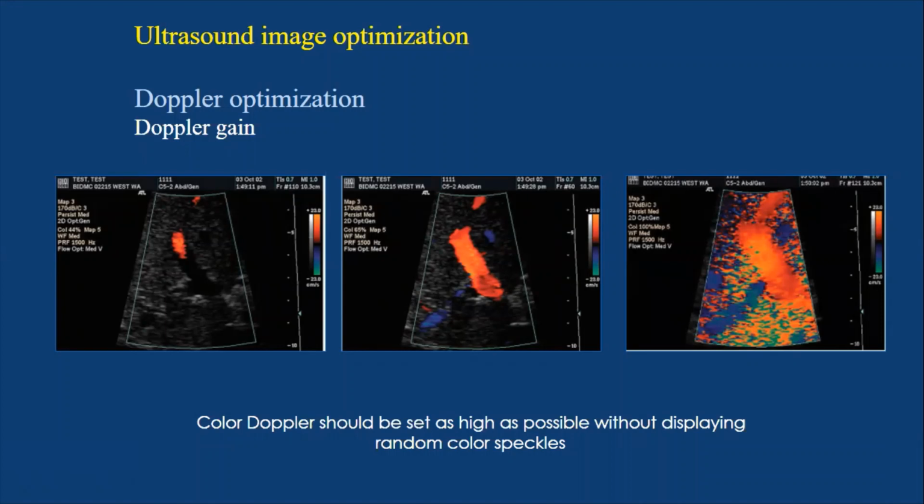With how should we adjust our Doppler gain. If you want to choose any study, and you don't want to go through all these optimization things, you have to start with choosing the preset before starting the scan. What do we mean by that?